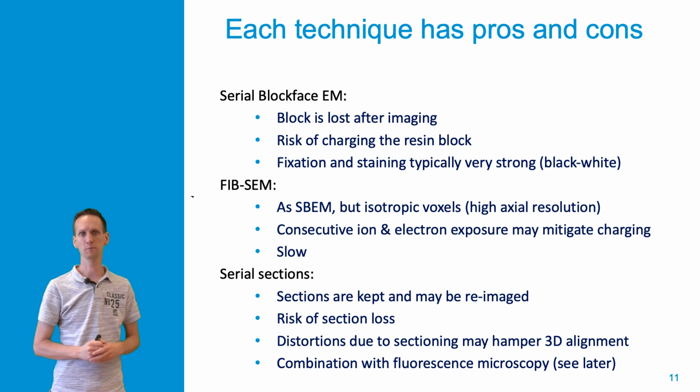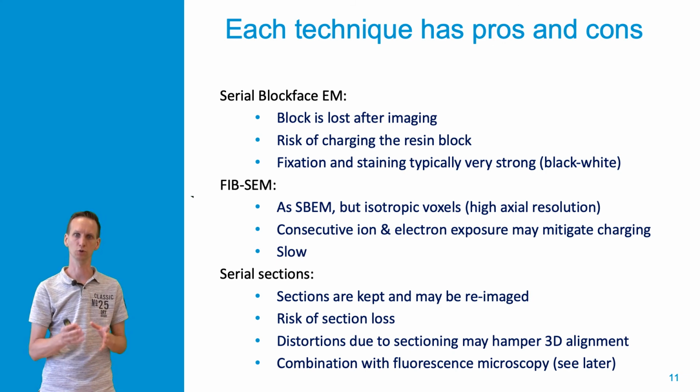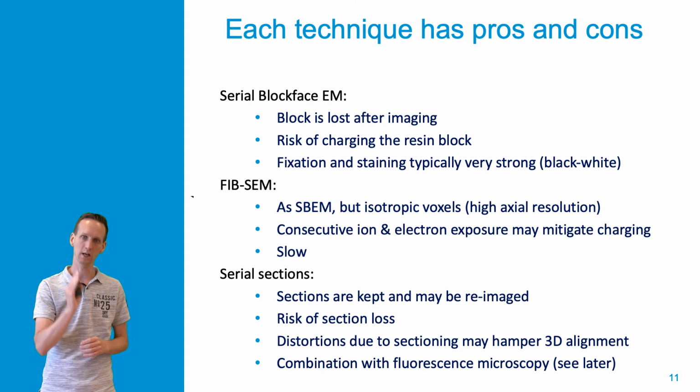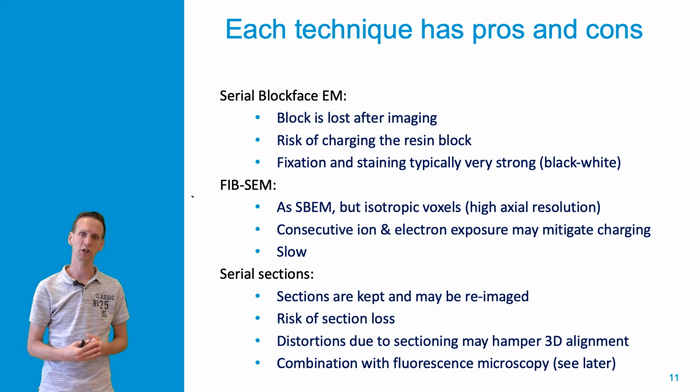Then serial sections may seem a good advantage, but also here there are particular disadvantages to this approach. While in the FIB-SEM we always image the area before it's being sectioned, in serial sections we do the sectioning in advance. So based on these considerations, we may think that serial sectioning is actually the go-to approach.